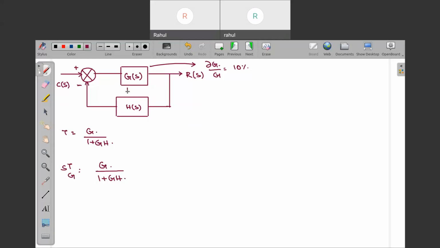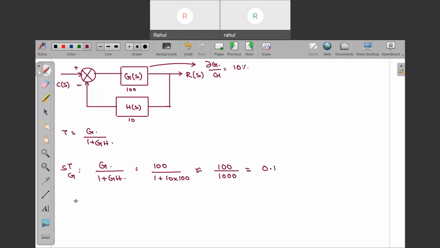Let us assume that G is equal to 100 and H is equal to 10. So if that is the case, then this will be 1 divided by 1 plus 10 into 100. So this is approximately equal to 1 divided by 1000, okay, approximately. So you can write this as 0.001.